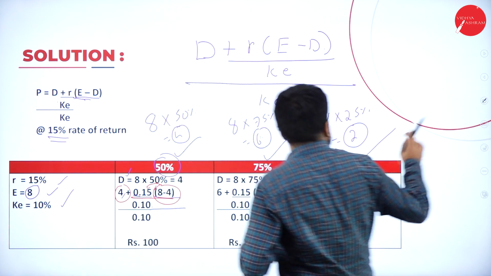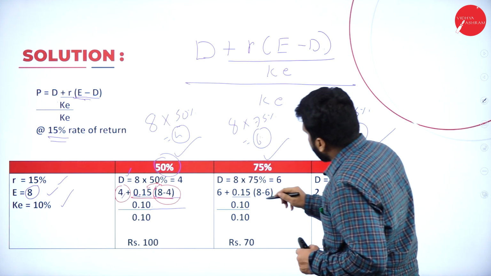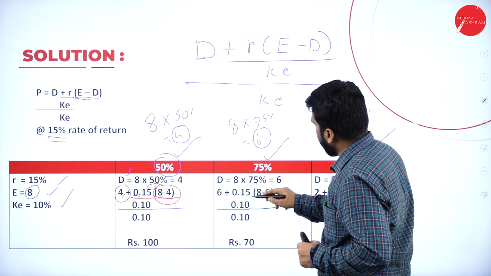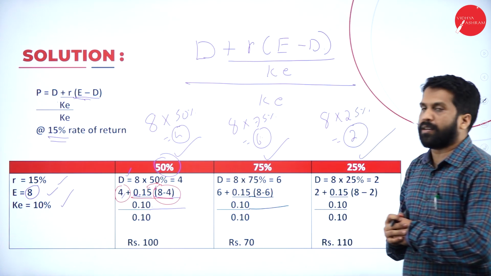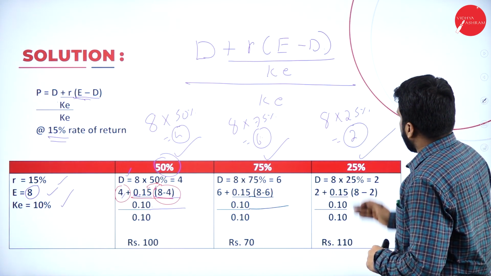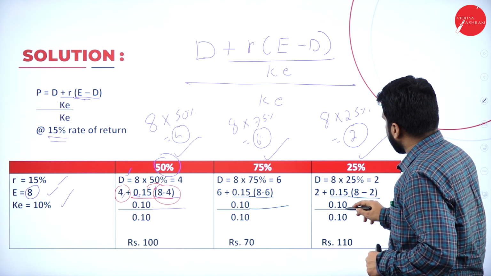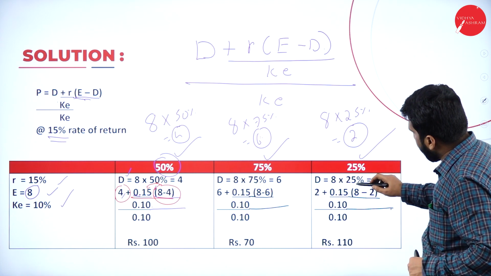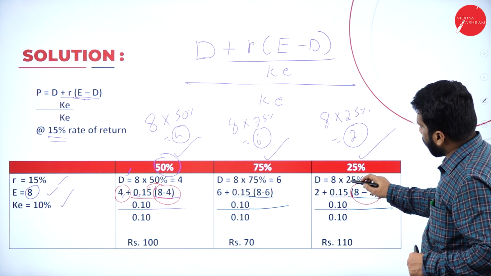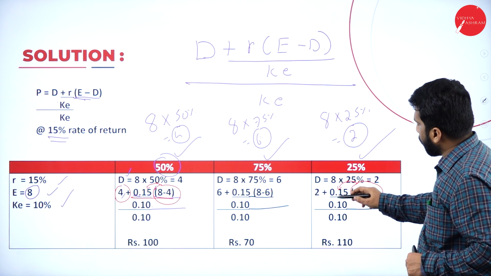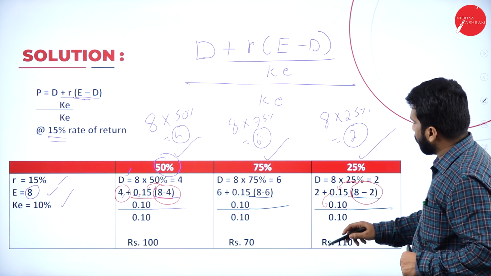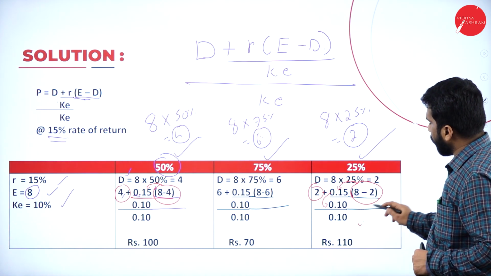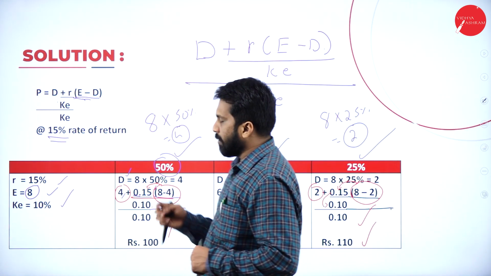The line has to come up to this, and this is whole divided. Similarly, I'll show you again: first 8 minus 6, then multiply with this, then divide with this, then you add 6, whole divided by 0.10. You will get 110, 70, 100.